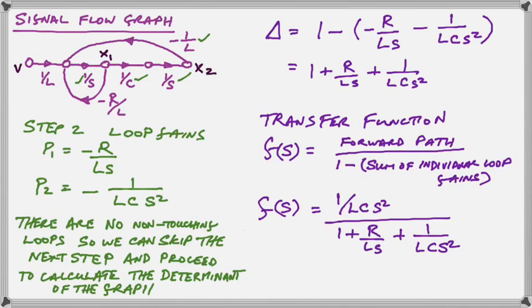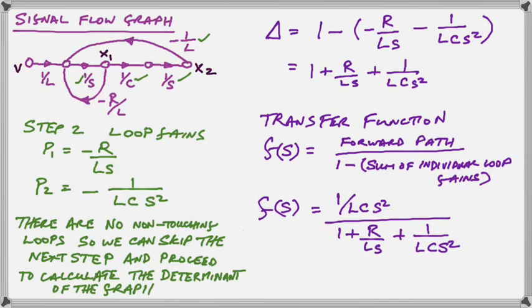Now we go back to our signal flow graph, and we're now looking at the purple on the right hand side to find the determinant of the graph itself. It is 1 minus the sum of the individual loop gains. We don't have to have any more in that expression because we have no non-touching loops.